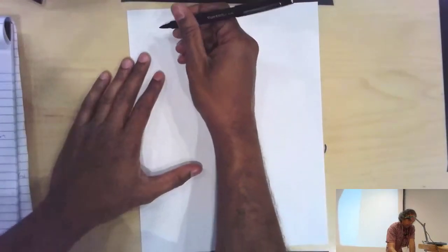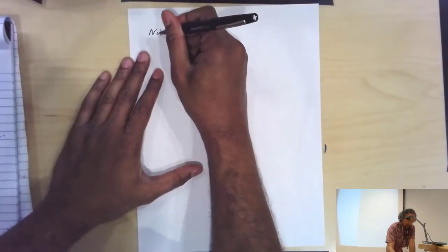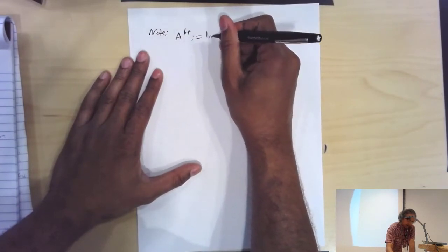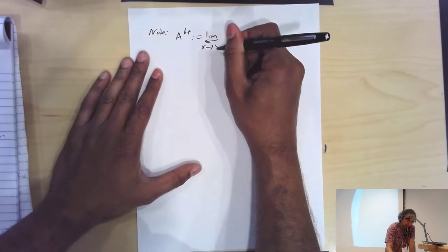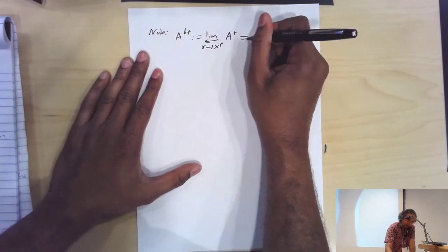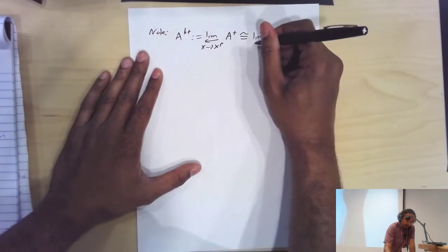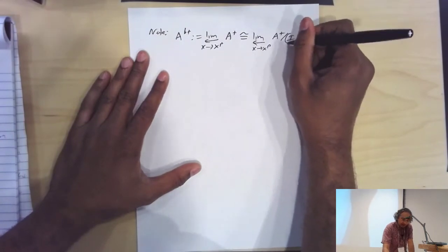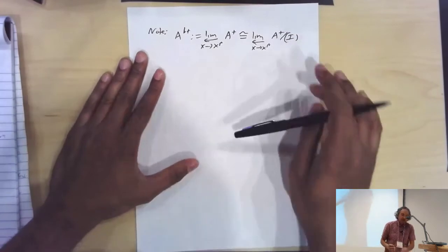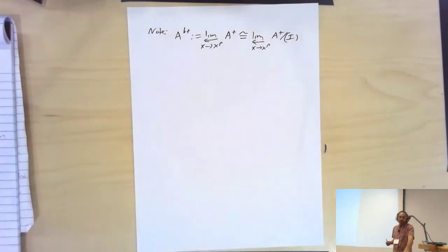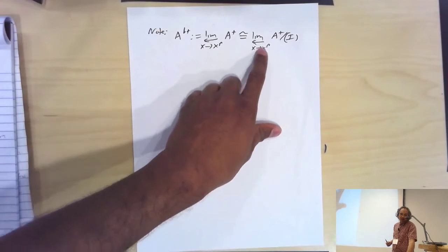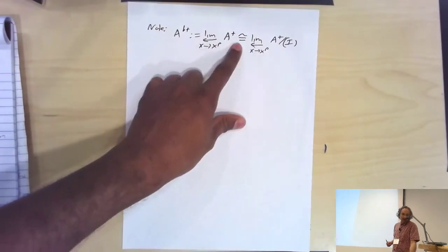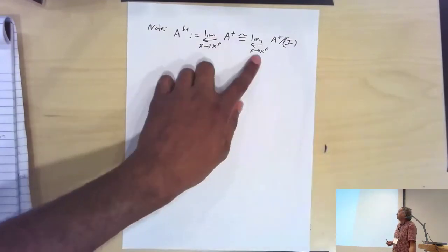So note that the limit formula that I used to define A flat plus can be written equally well in terms of A flat mod I. So these truncations have the property that these are actually ring maps. So this is manifestly a ring, and it turns out that the ring structure given here coincides with that one.